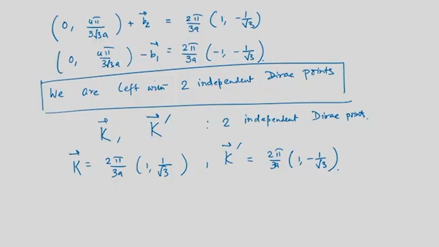Now, since we have found these Dirac points, we can expand the electronic dispersion about these points. When we do that, we get the low energy dispersion.